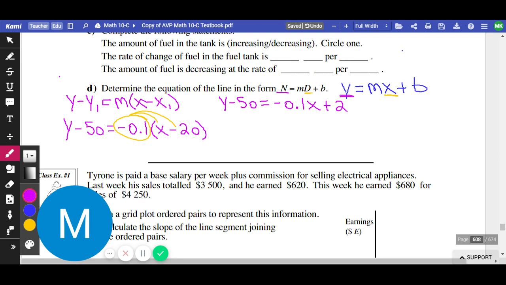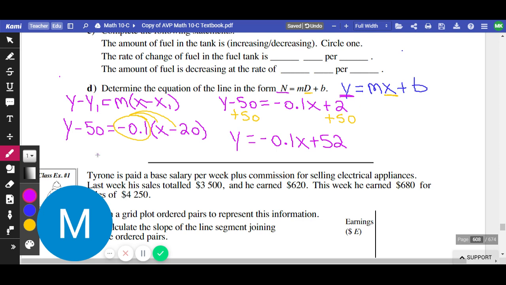So negative 0.1 times 20 equals 2. The last thing I'm going to do to get it into the proper form is get y by itself by adding 50 to both sides. I now have an equation of y equals negative 0.1x plus 52.